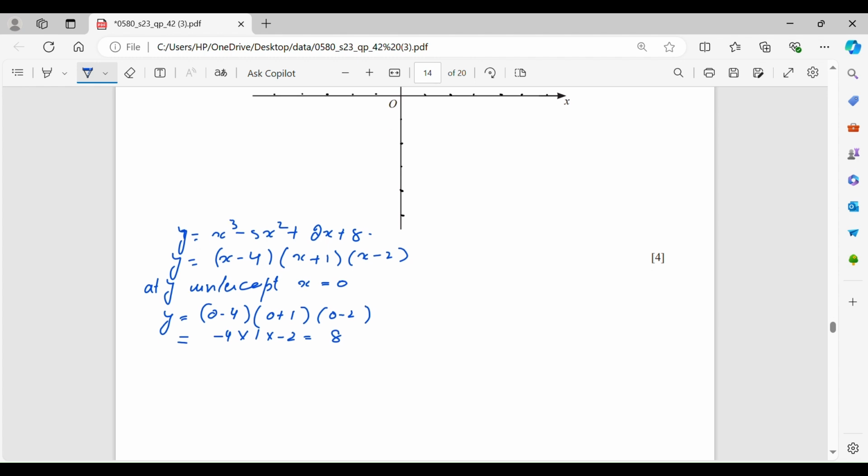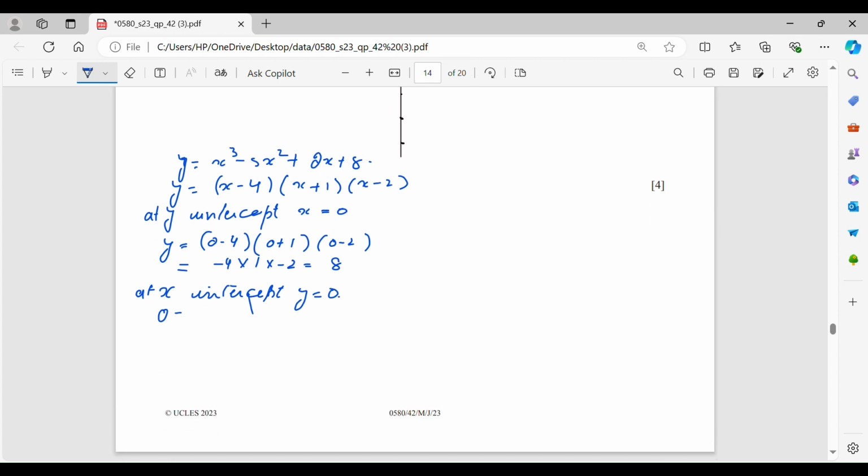Next, let's find the x-intercept. At x-intercept, y will be equal to 0, right? So 0 will be equal to x minus 4, x plus 1 and x minus 2.